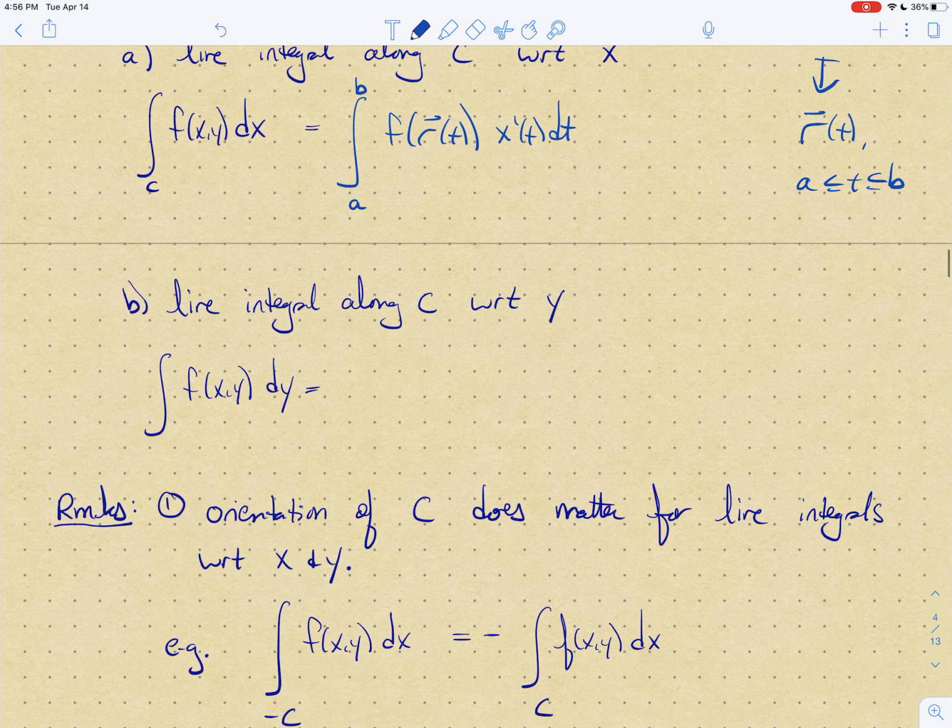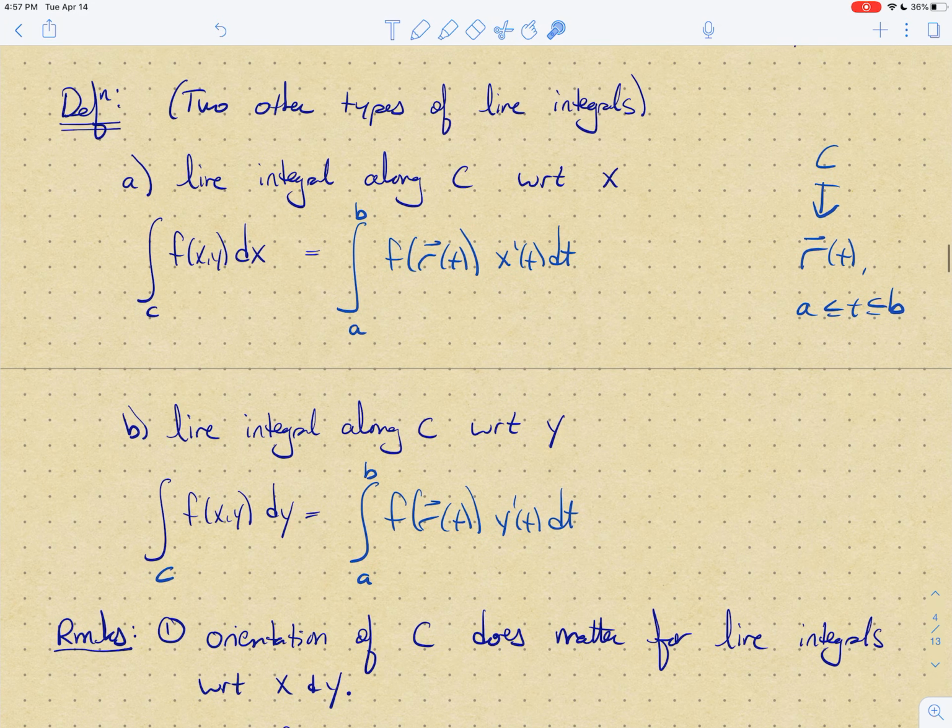Similarly, the line integral along C with respect to y, you're going to write like this, and you get the integral from a to b of f of r of t times y prime of t dt. That's the line integral along C with respect to y.